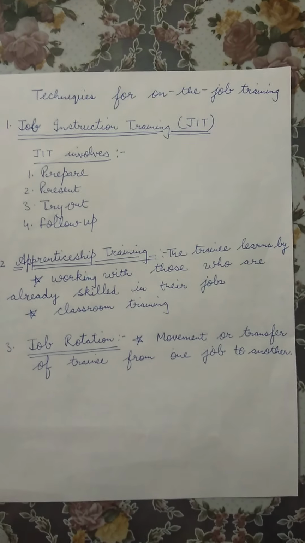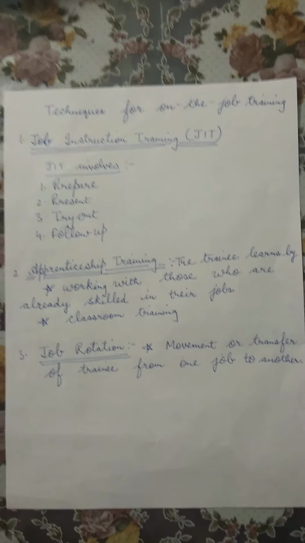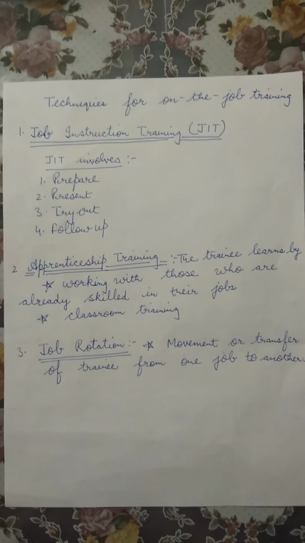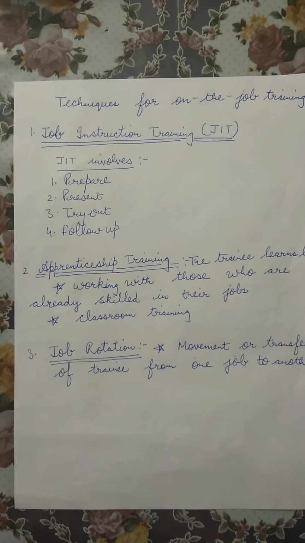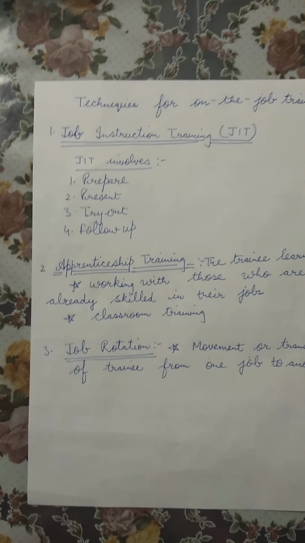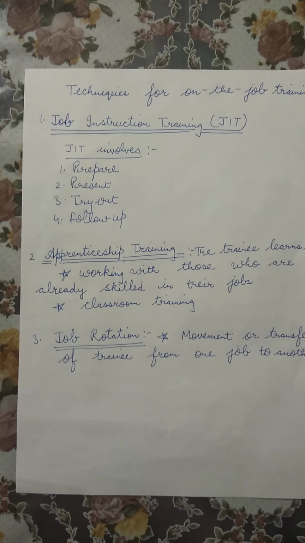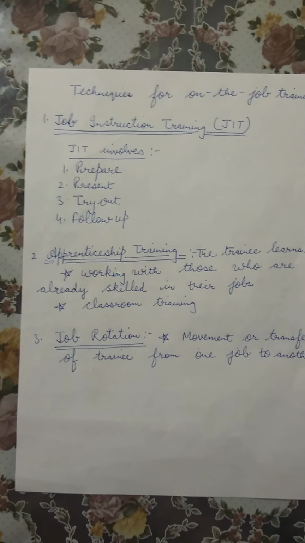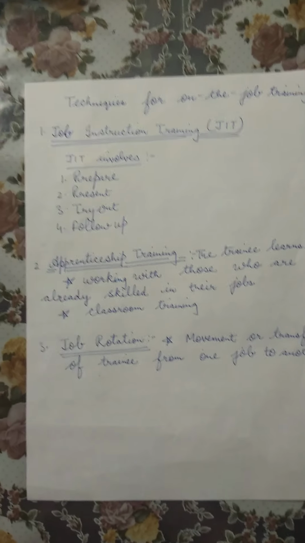It is a type of classroom training because in this case, first of all, training is given to the trainee and then he is told to perform or try out that job under the guidance of his senior or the master worker. Now children, why is it also called classroom training?